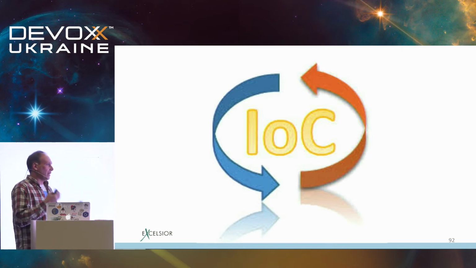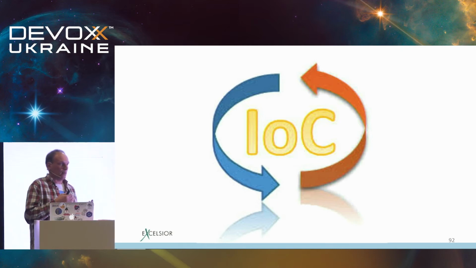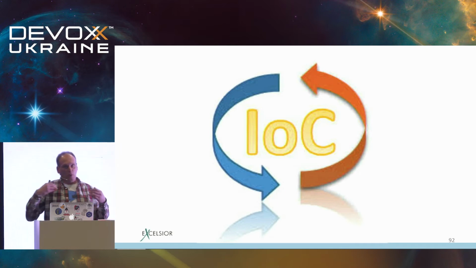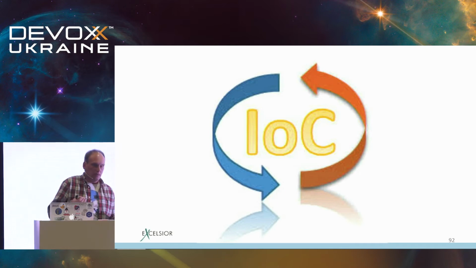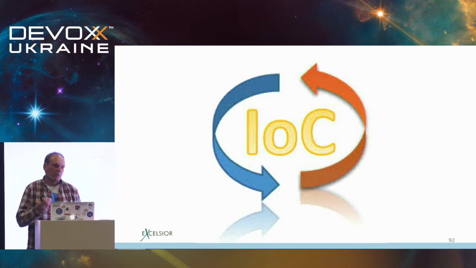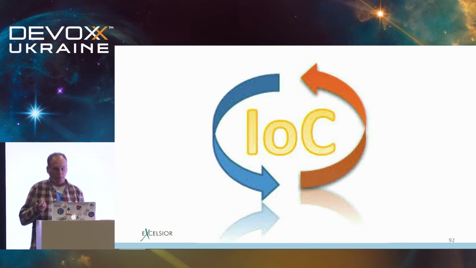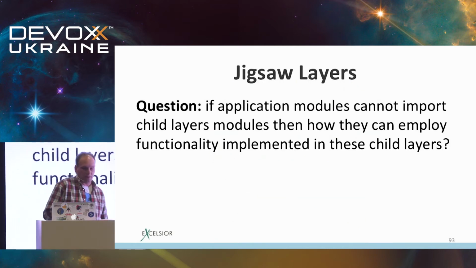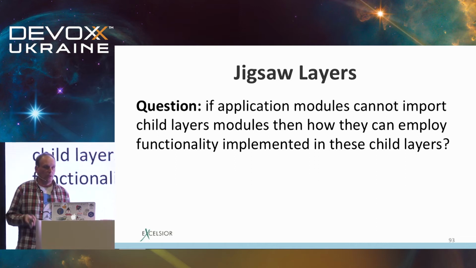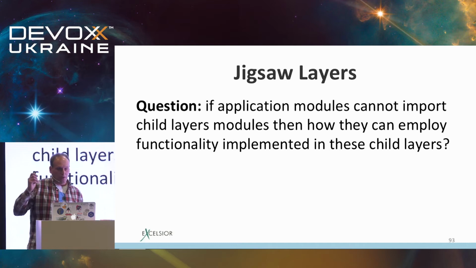It can be done manually by passing an interface implementation instance to the constructor of your class, or it can be done automatically using dependency injection frameworks such as Spring or Guice. And the inversion of control pattern works in Jigsaw as well with a native Jigsaw mechanism called services.